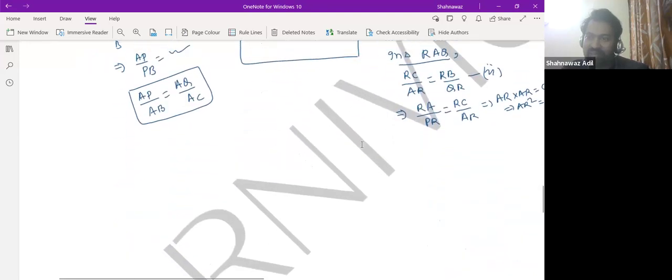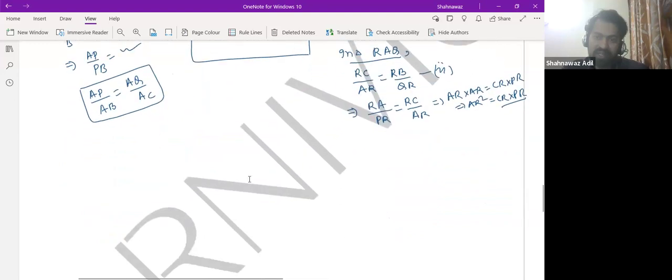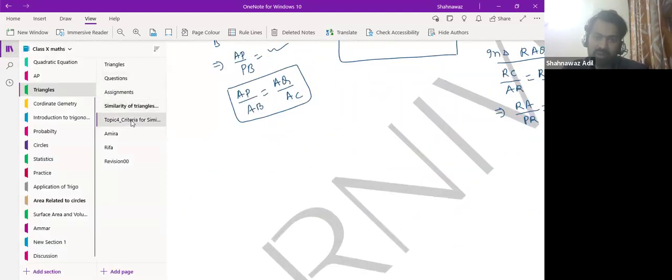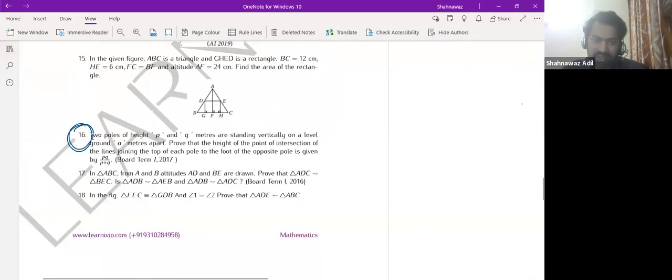In this chapter, the most crucial thing is that you find those two triangles in which you want to figure out those similarity criteria. Yes, so now I remember. Did you guys try this question, the 16th one? When I was doing this triangle chapter, I asked you guys to do this problem.